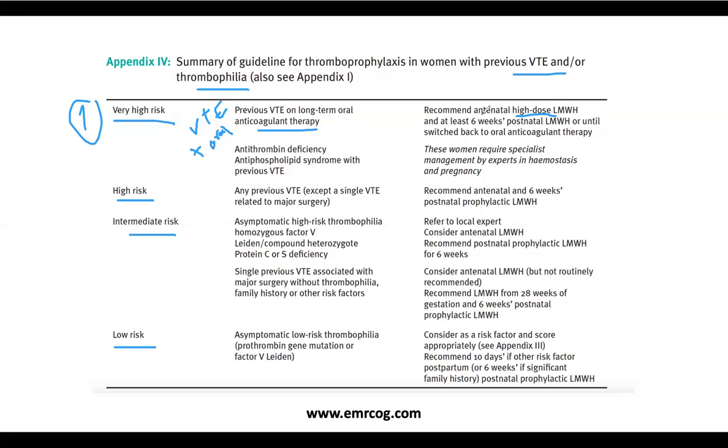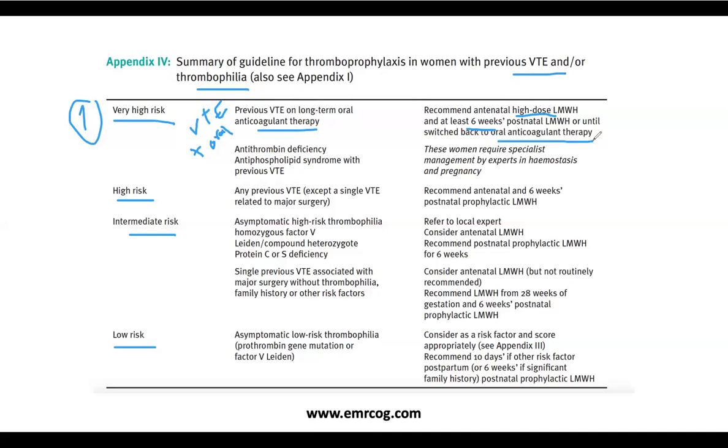So she will have antenatal high dose prophylaxis of the low molecular weight heparin and at least 6 weeks postpartum of low molecular weight heparin, or until switched back to the oral anticoagulant therapy, right? Which we call bridging.